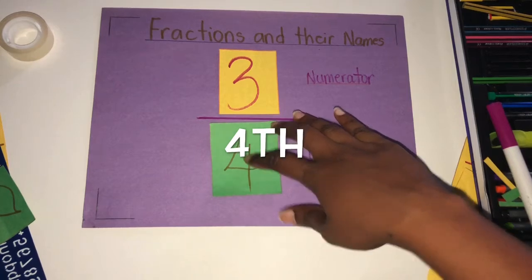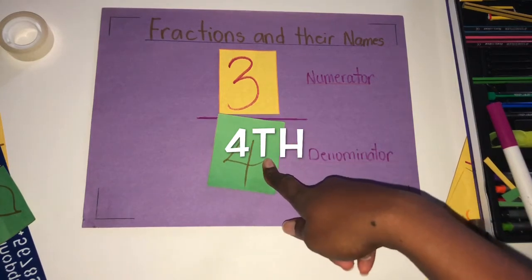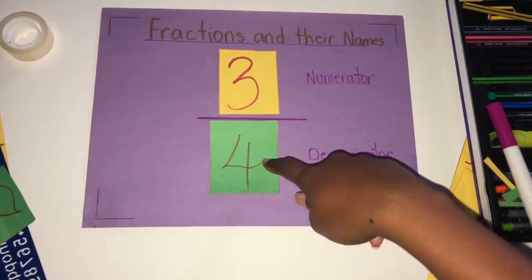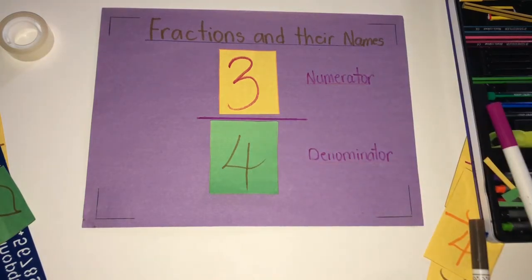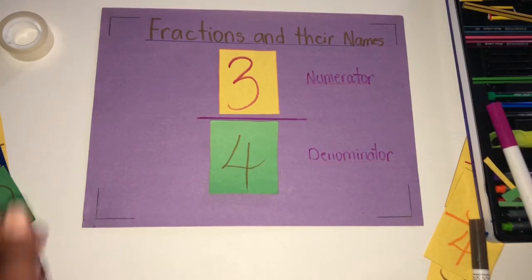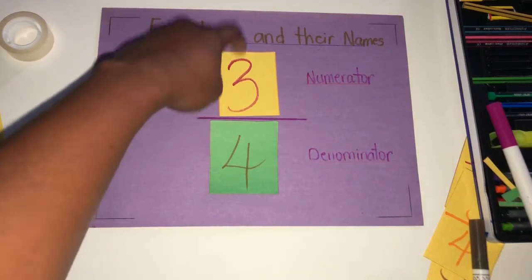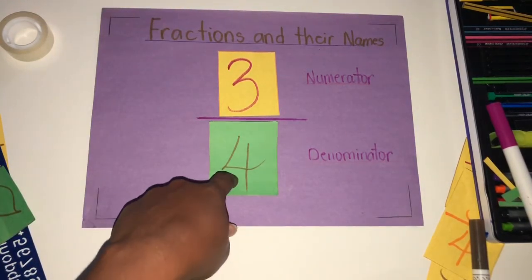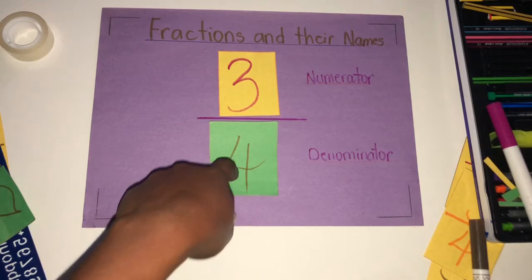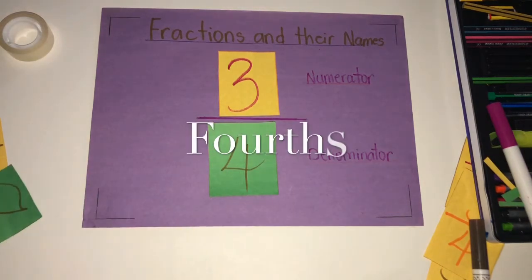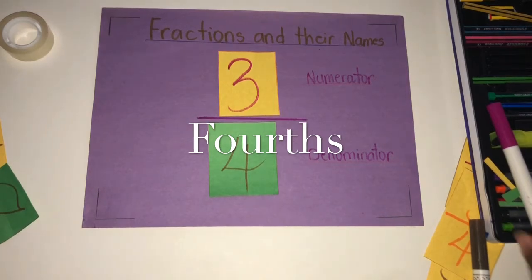So in this case, we would use fourth because the denominator is 4 and the ordinal number for 4 is fourth. At the top, we have 3. Now, 3 is more than 1. 3 is plural. So therefore, we have to say fourths. It is three fourths.